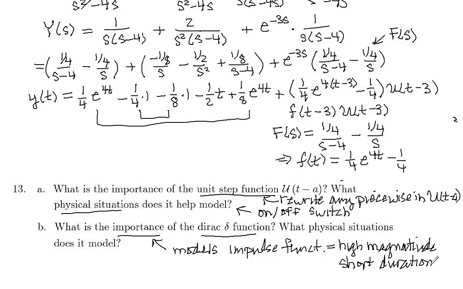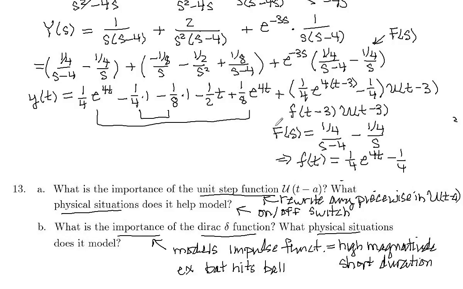And then for physical situations, an example would be a bat. The easiest one is a bat hitting a ball. So you've got a very high magnitude, short duration force that hits that ball and drives it for the home run.